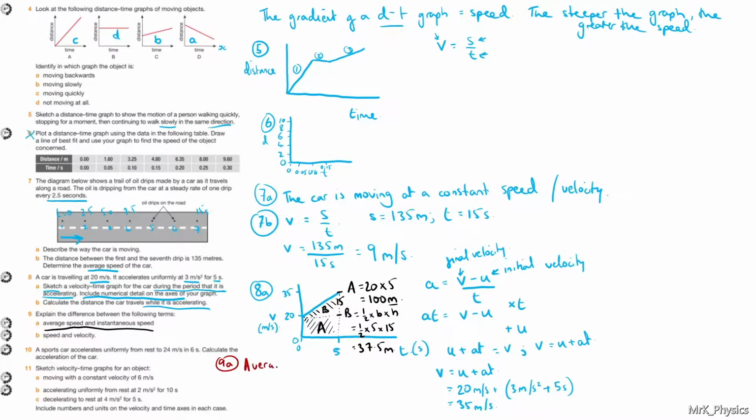Average speed is the total distance travelled for a journey divided by the total time taken.